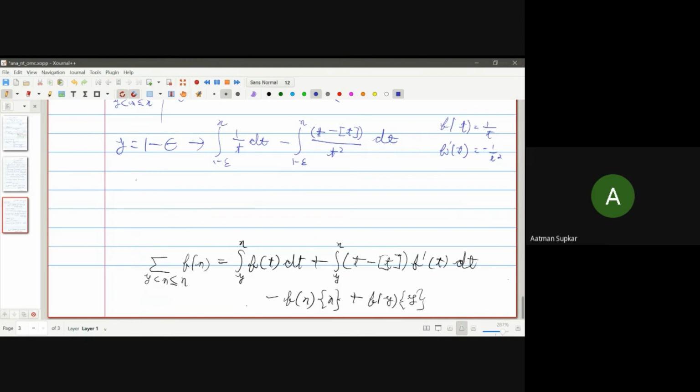And then you have the residuary terms. What do you have here? All right, I put it here so that I don't forget. Wait, this is minus, right?